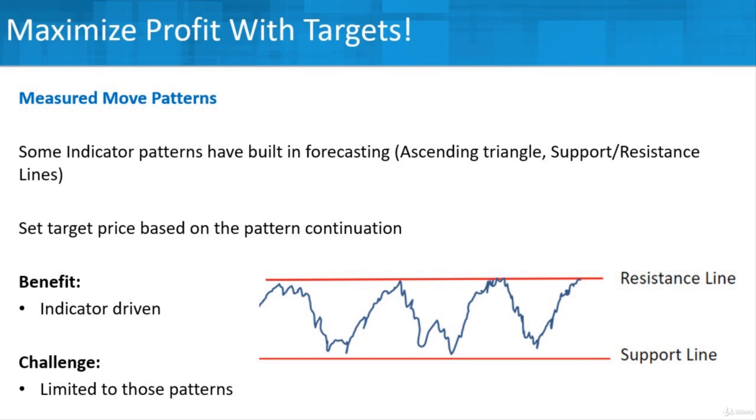So that's my target. I'm picking a real number, a whole number, or an amount that's close to that actual resistance line. And once I hit that number that's near the resistance line, I'm going to sell. I'm going to watch the pattern continue, and if it doesn't break through that resistance line, it's going to come back down. And if it bounces back up off that support line, I'm buying in again.